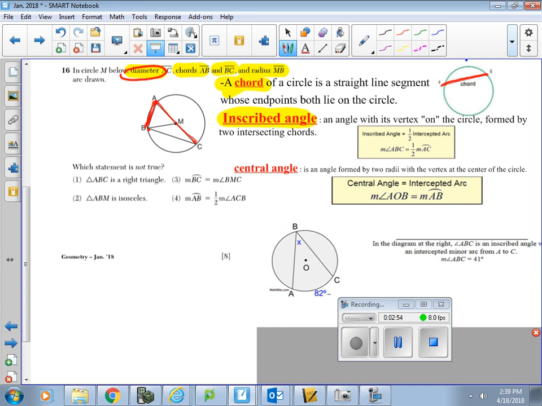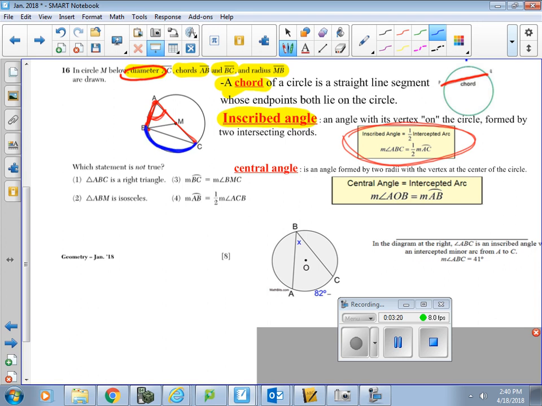All right? Now, when you have that, the measure of the angle is half. So I'm circling this right here because that's going to be important. The measure of the inscribed angle is half the measure of the arc that it cuts. So when you have this angle, BAC, that's going to be half of the measure of the arc that it cuts that I'm outlining in blue.